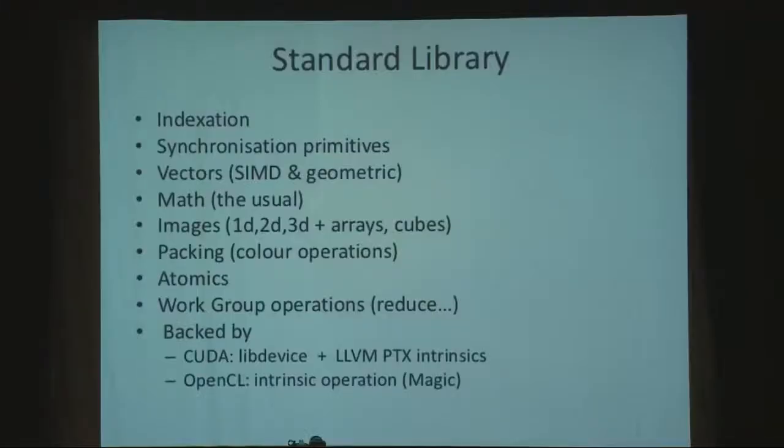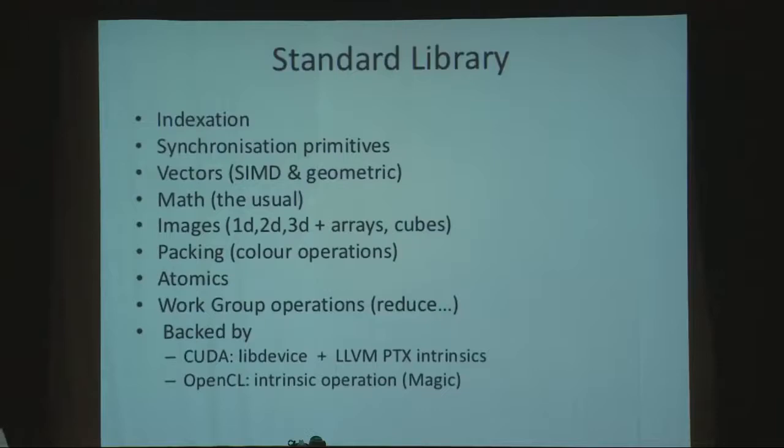So the standard library for DCompute contains a bunch of things. Indexation, so you know which item you are. There's some synchronization primitives. There's vectors, there's SIMD and geometric. There's the usual host of math stuff. There's some image stuff, but images don't yet work.